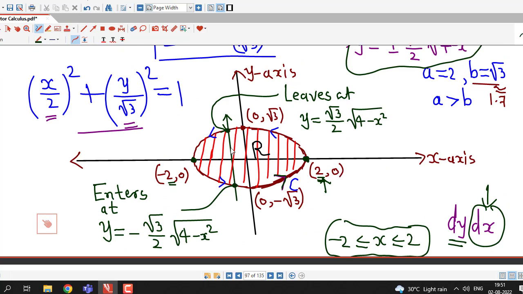For that we consider a vertical line passing through the region, and we find out the value of y at which the line is entering the region and the line is leaving the region.